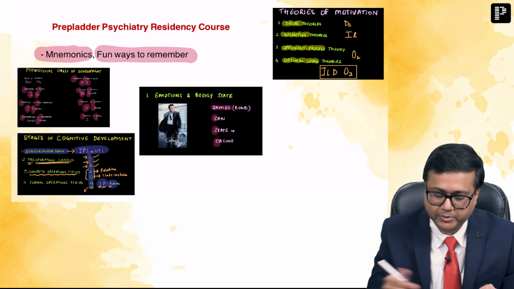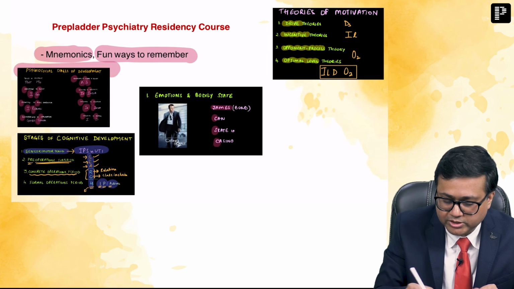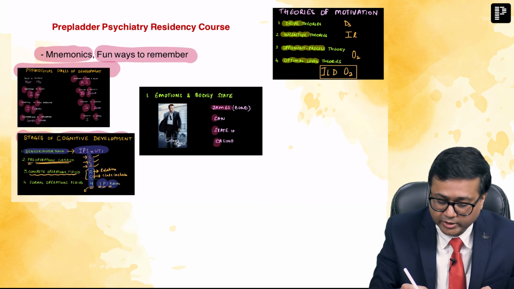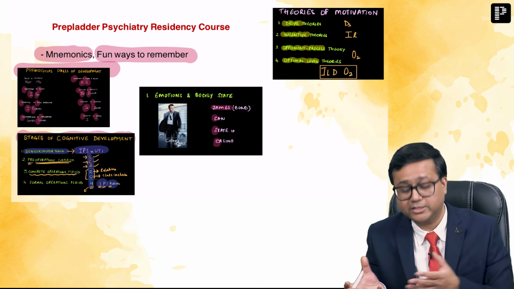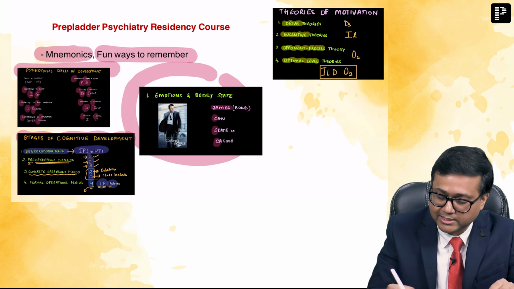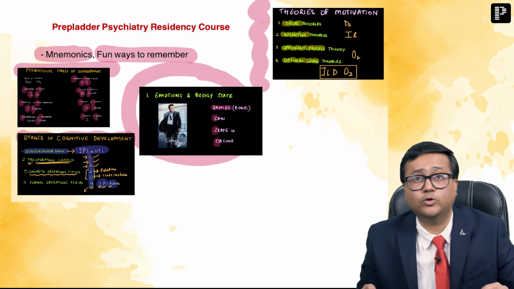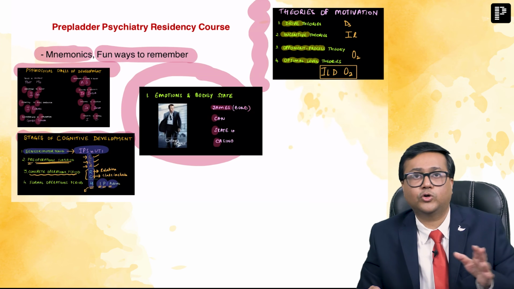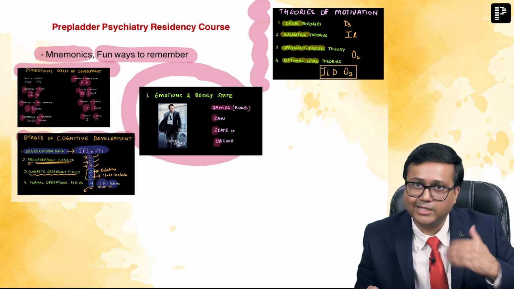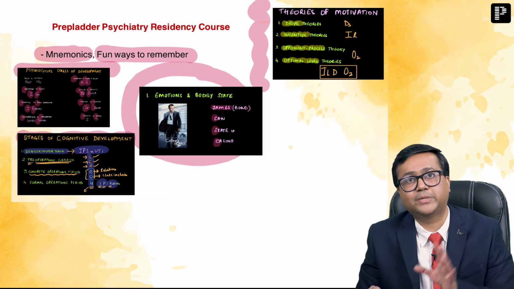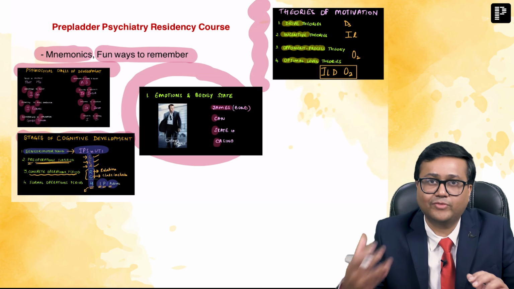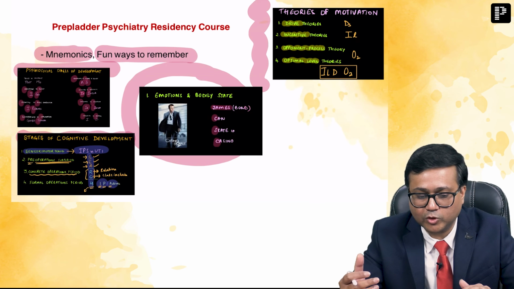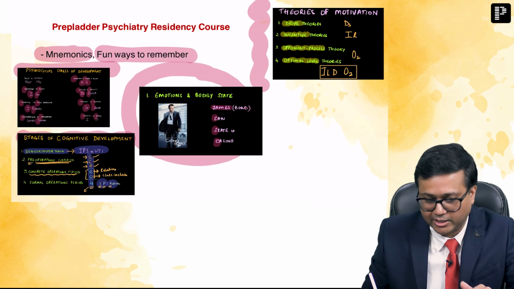For example, when you're reading psychosocial stages of development by Erik Erikson, or stages of cognitive development by Jean Piaget, or topics such as emotion or theories of motivation, you'll find some useful crisp mnemonics, so that not only for your exams you will remember them, but even after that, maybe for life, you'll remember that topic. So we've tried to simplify things with the use of these mnemonics and fun ways. Again, this is one of the topics which you'll find very handy in your exam.